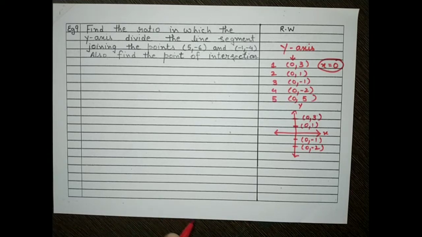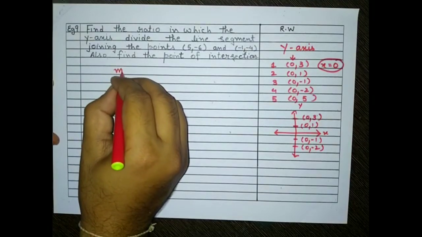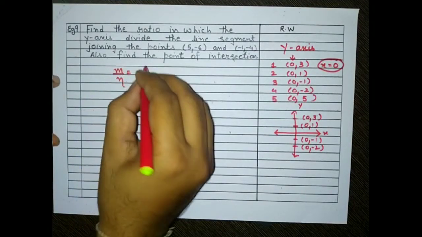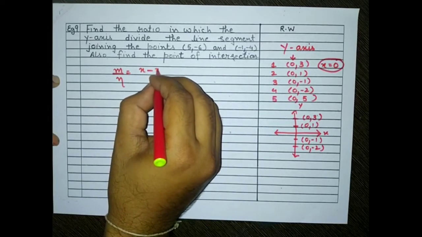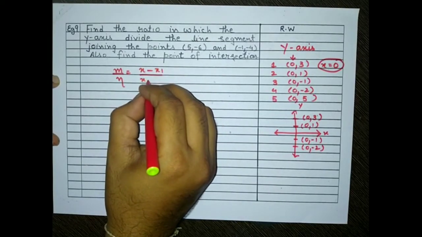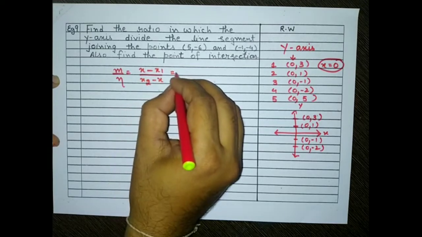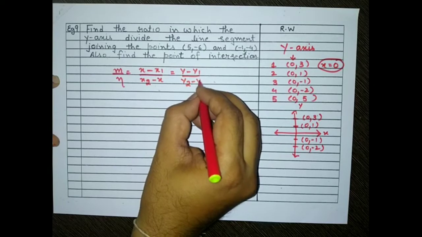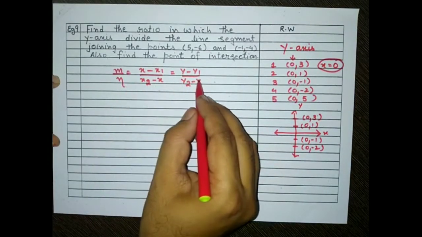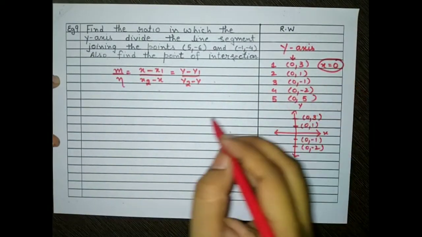If you are talking about the y-axis, then x will be equal to 0. So m by n is equal to (x - x1) over (x2 - x), which is equal to (y - y1) over (y2 - y). But I will only consider the x part because I know x is equal to 0.